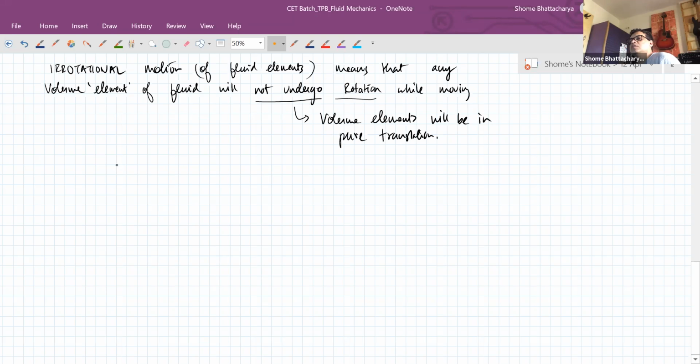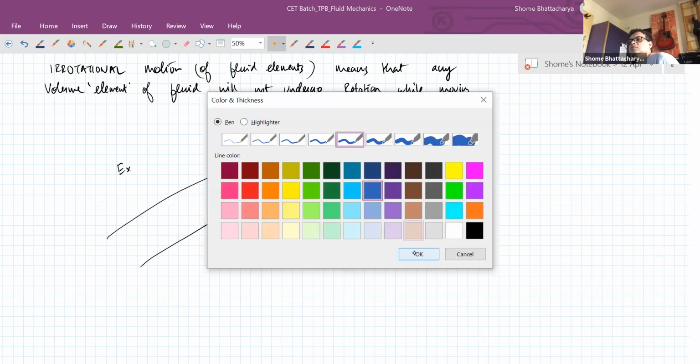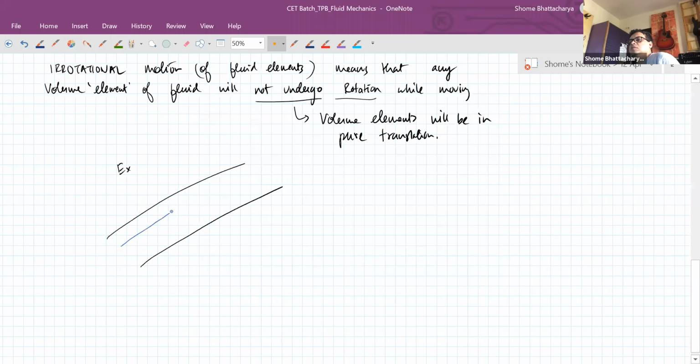So again, the example of that is if you consider water flowing gently through a pipe, you can see that any volume element of fluid, like imagine a cylinder of fluid, this is delta V volume.